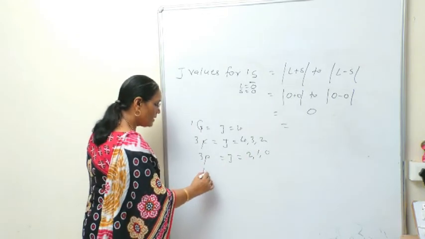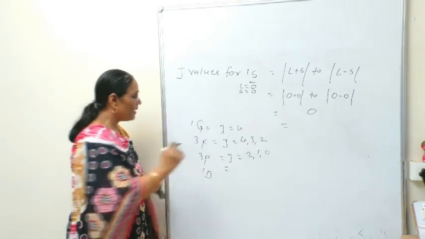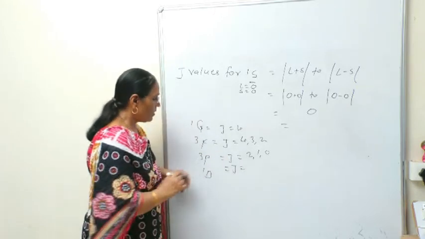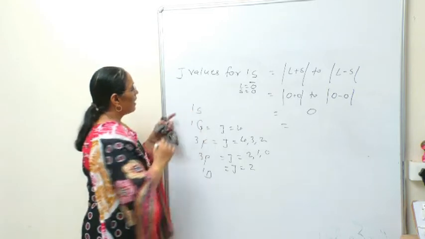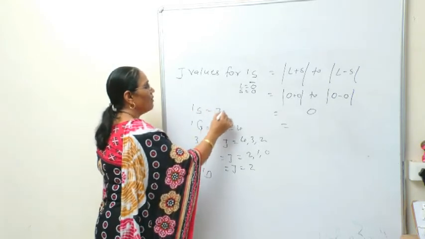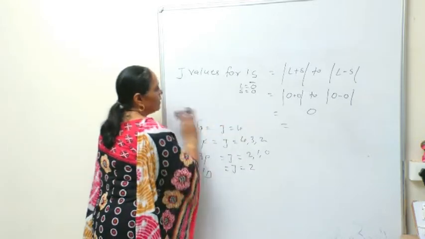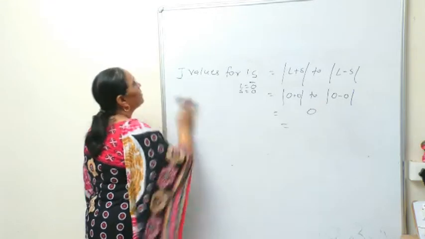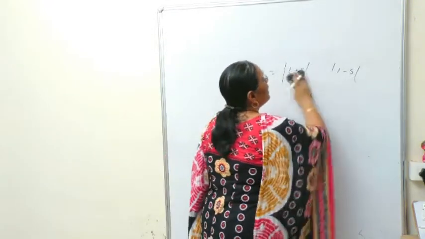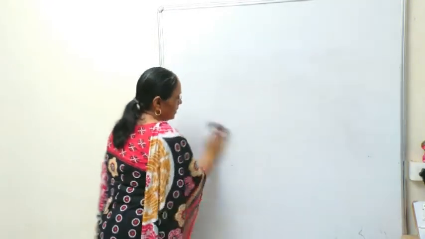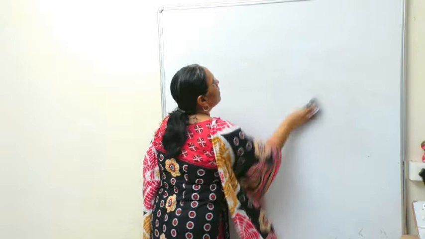For singlet D, spin multiplicity is 1, only one J value, and that is 2. For singlet S, again spin multiplicity is 1, so only one J value is obtained and that is 0. So in this way, spin-orbit coupling can lead to the splitting of a term into different energy levels having certain energy differences.